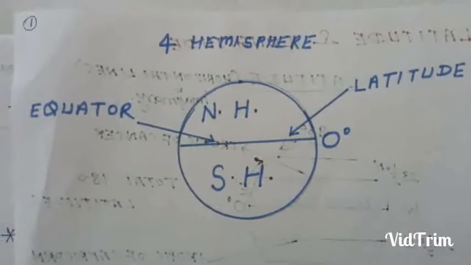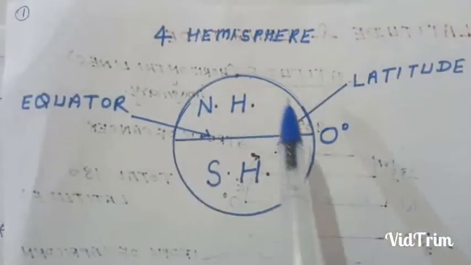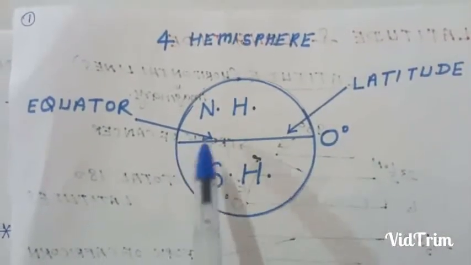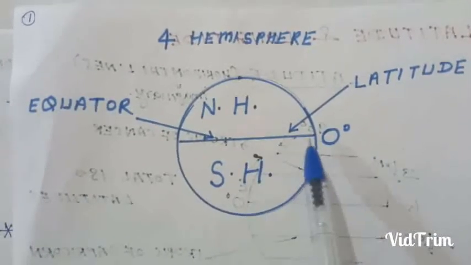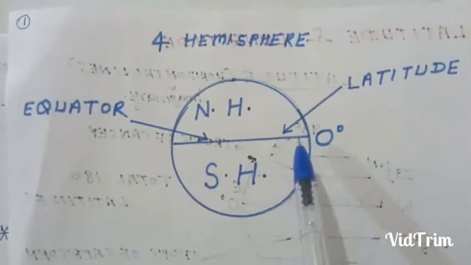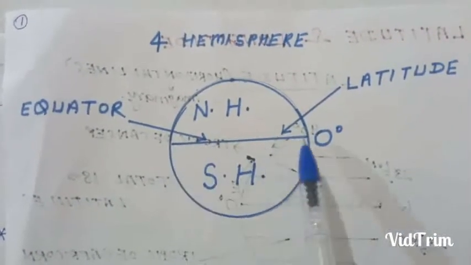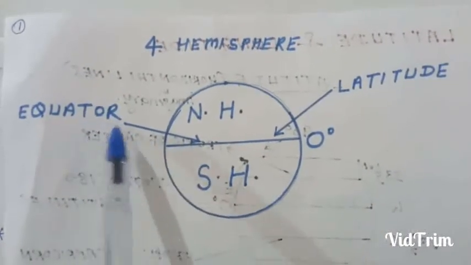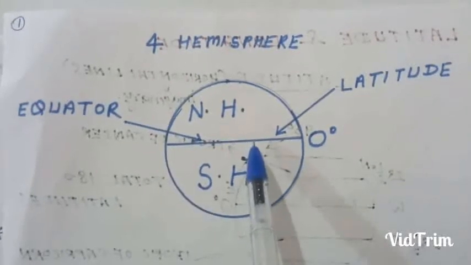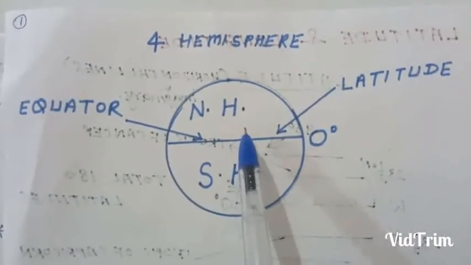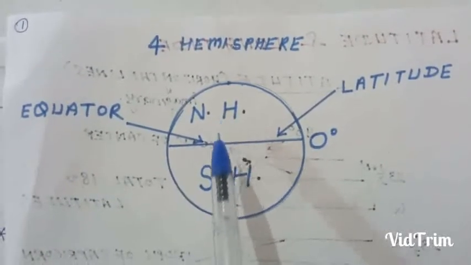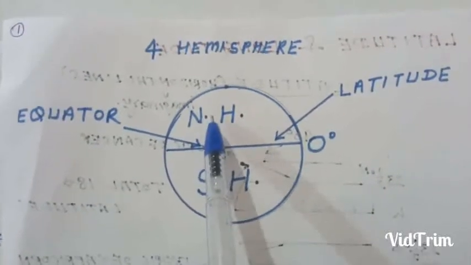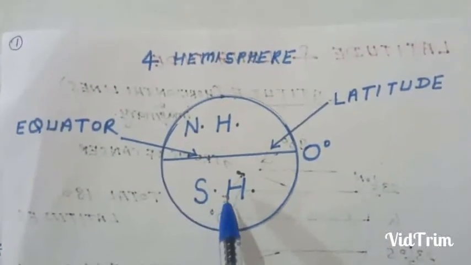Okay student, let us understand with the help of this circle. You are seeing this line in the middle passing through the centers; this line is known as the equator. Student, this line divides our earth into two equal halves, that is the northern hemisphere and the southern hemisphere.